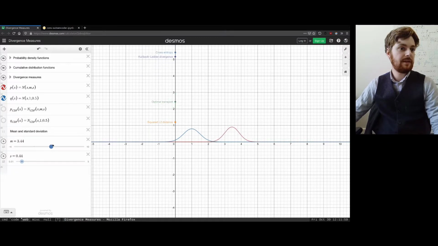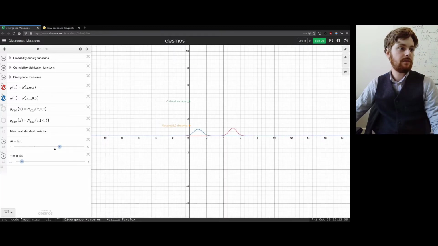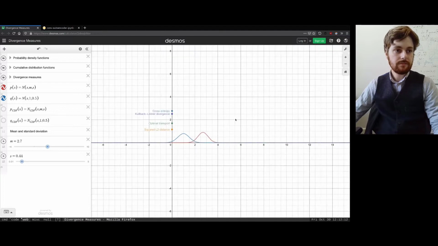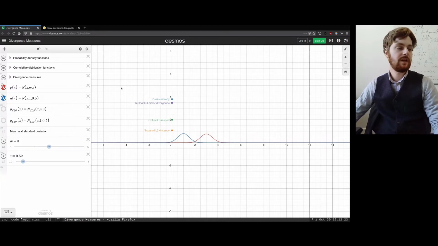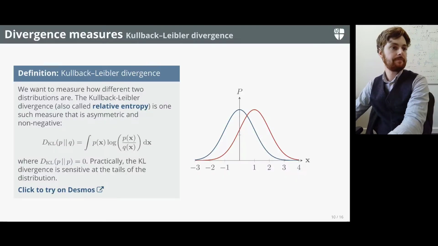As you make mistakes over here, it starts to just rapidly shoot off. But when the two distributions are the same, all of these measures are 0. But they have these different properties. And I'll talk about some of the others in a minute.